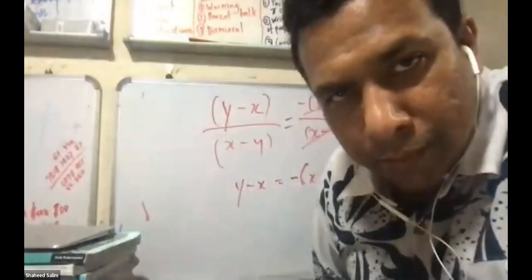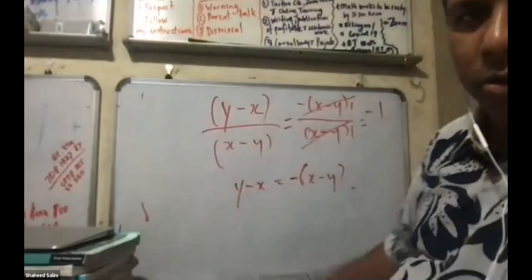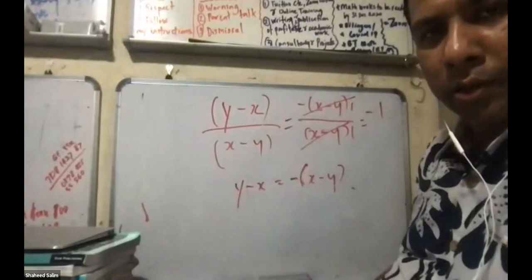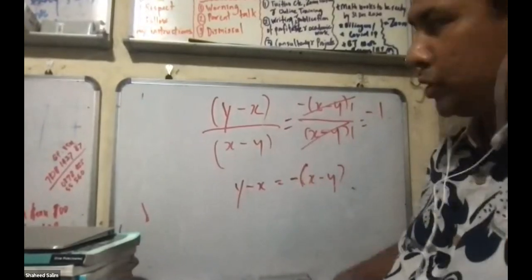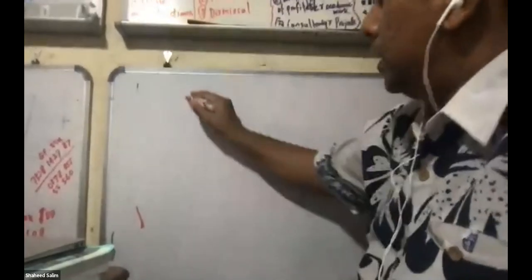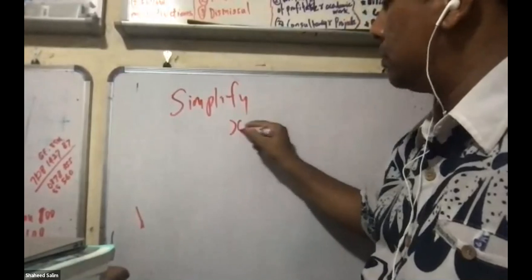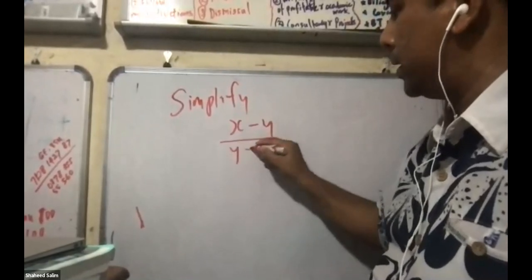You understand? Don't understand. Inshira can get it, Inshira. Can you see what I'm teaching? No. Confusing, I understand a bit only. A bit only. Okay, now let's say they give you a question like this. Simplify. It means to make it neat. Simplify x minus y over y minus x.